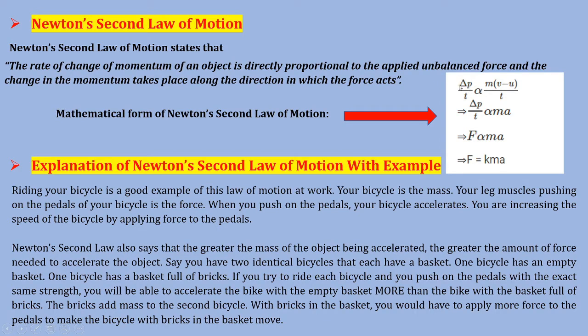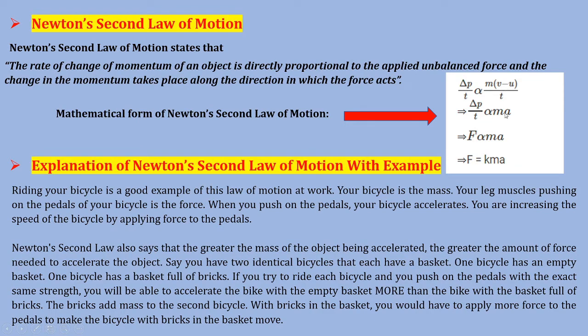Now, what does this rate of change of momentum actually mean? Change in momentum with respect to time. Change in momentum equals final momentum minus initial momentum. Final momentum is mass into final velocity, and initial momentum is mass into initial velocity. So the difference of final and initial momentum will give you the change in the momentum, and the time is t.